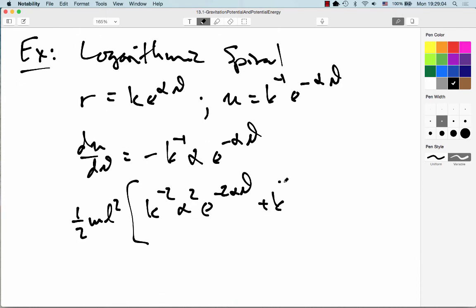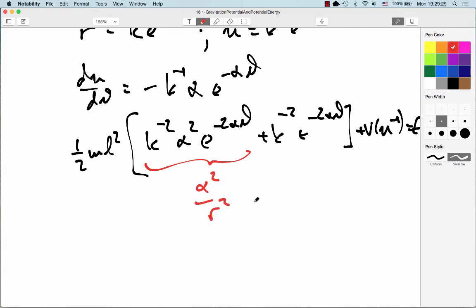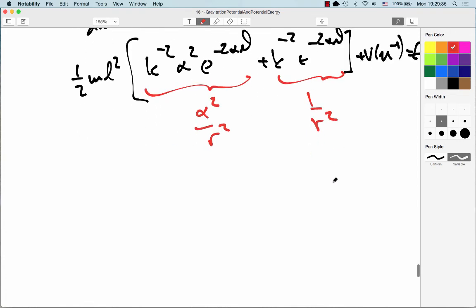So plus k to the negative 2 e to the minus 2 alpha theta plus V of u to the negative 1 equals E. Now if we start rewriting it back in terms of r, this much of it is just alpha squared over r squared. And this much here is just plain 1 over r squared. So it's like before.